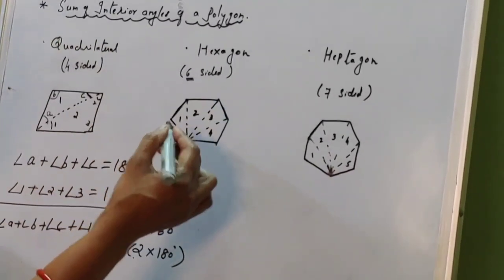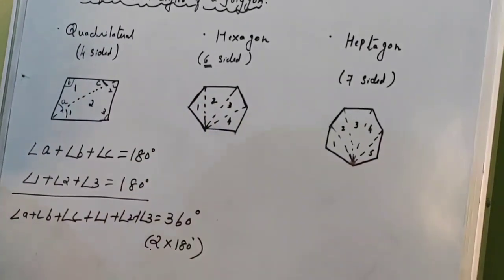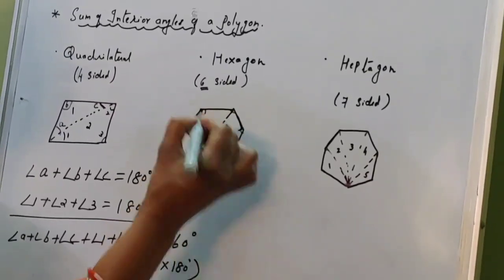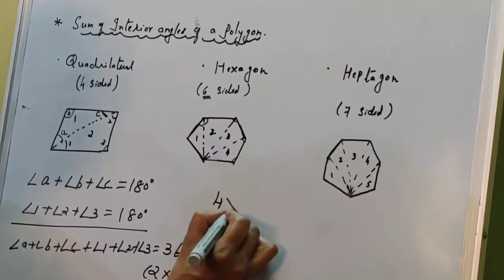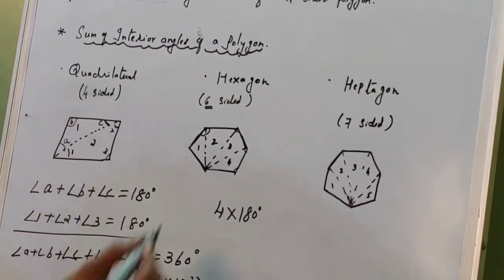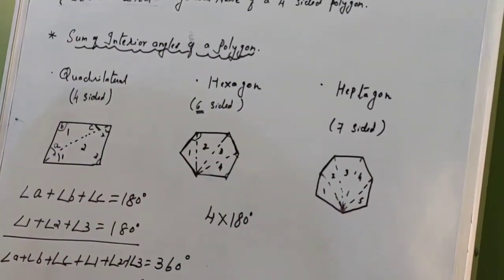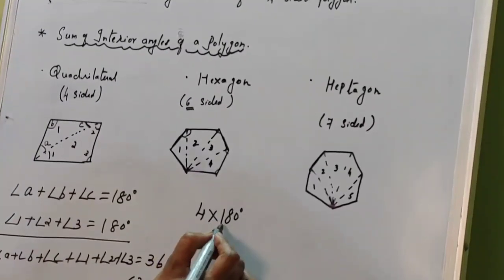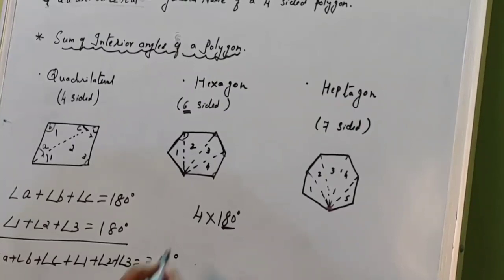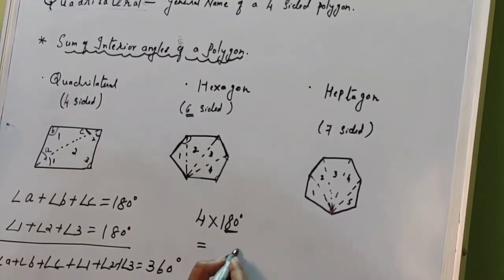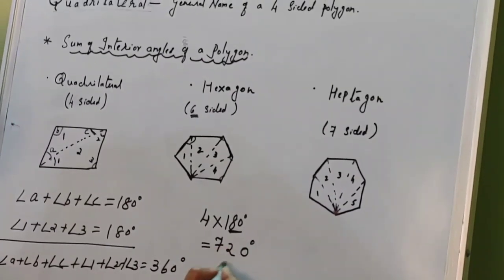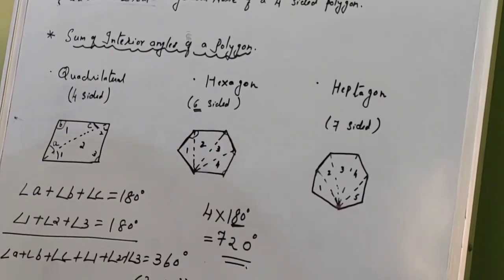So here also I can find the interior angle sum of the hexagon as 4 into 180 degrees. Why 4 into 180 degrees? Because it has been divided into 4 triangles and the sum of each triangle is 180 degrees. So we have 4 into 180, so we will get 720 degrees.